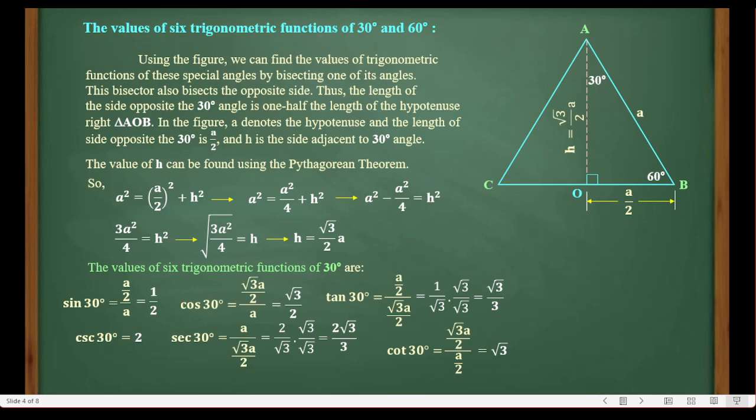Okay? At this point, we have just declared the 6 trigonometric functions of special angle 45 degrees and special angle 30 degrees. And what remains right now is the 6 trigonometric functions of the 60-degree angle.